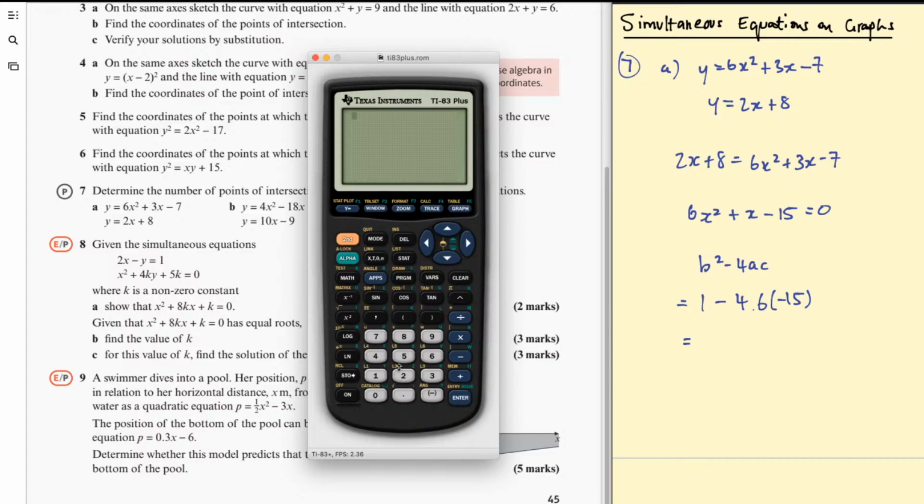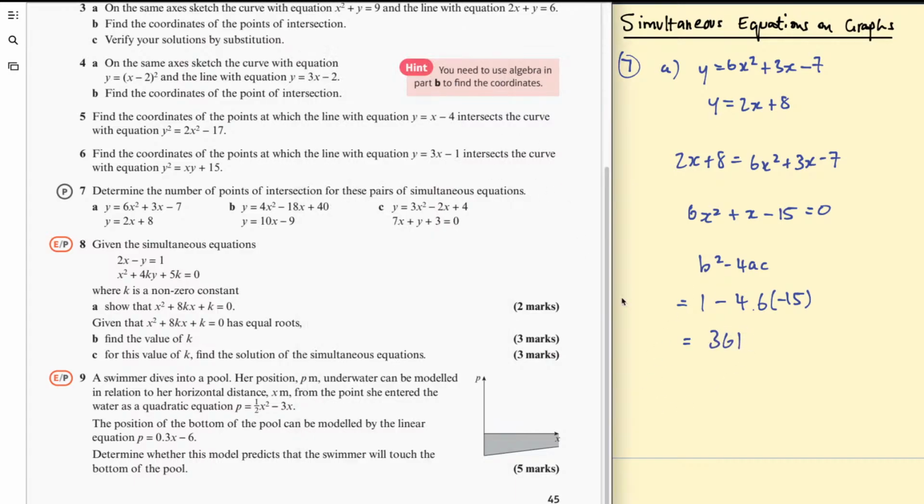So this is going to be 24 multiplied by 15 plus 1, so 361. And then we can say, therefore b squared take 4ac is greater than 0. Remember what that means? That means the quadratic has two solutions. Therefore, this set of simultaneous equations has two solutions.